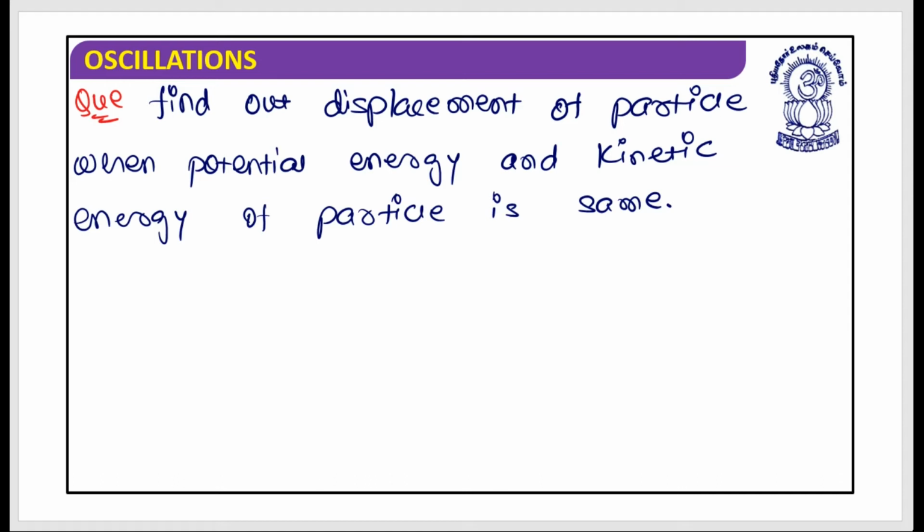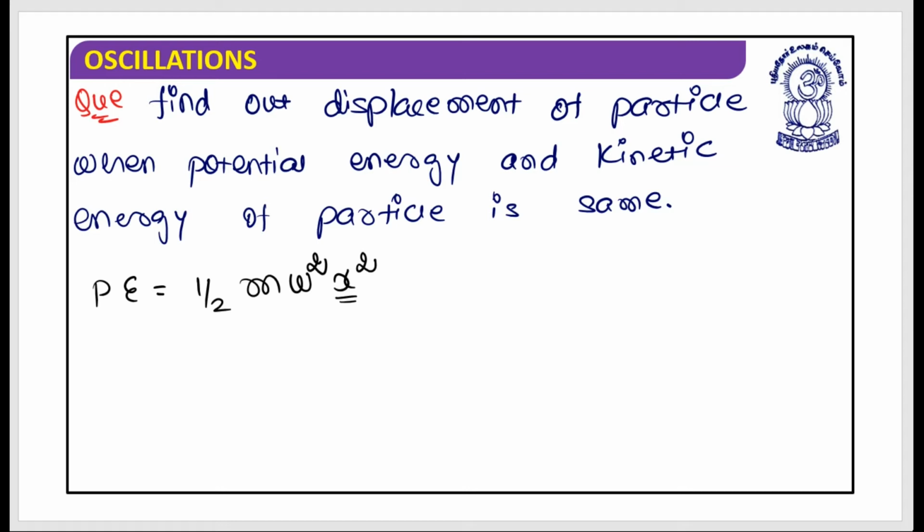So we need to find out the displacement of the particle when potential energy and kinetic energy of the particle is the same. How will we do this? What we understand is that the potential energy could be given as half into m into omega square into x square.